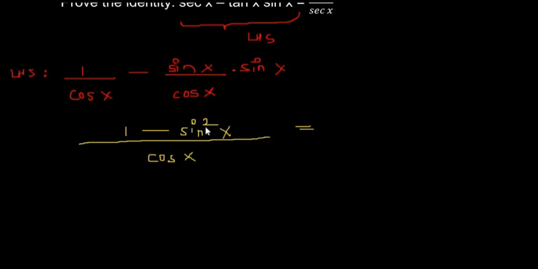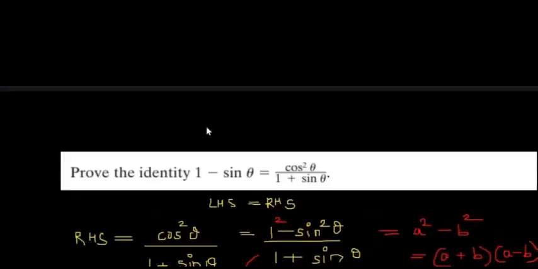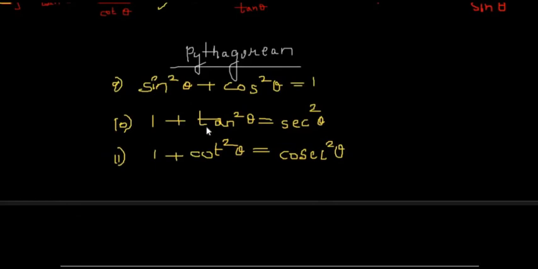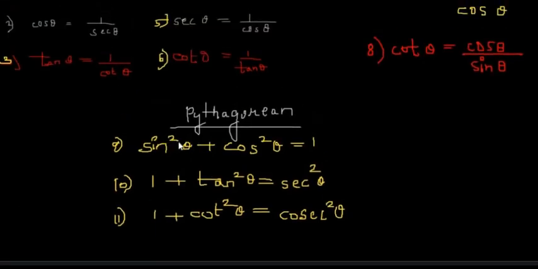Again you can remember sine square x comes in the Pythagorean identity. So sine square x can be written as 1 minus cos square x, or cos square x can be written as 1 minus sine square x.